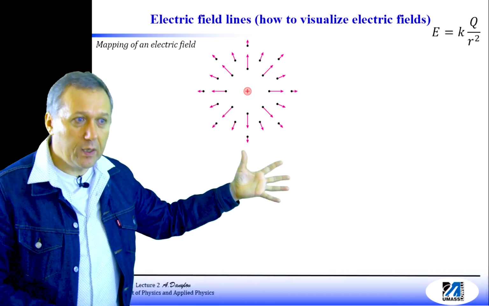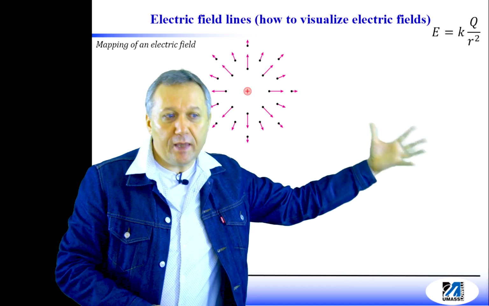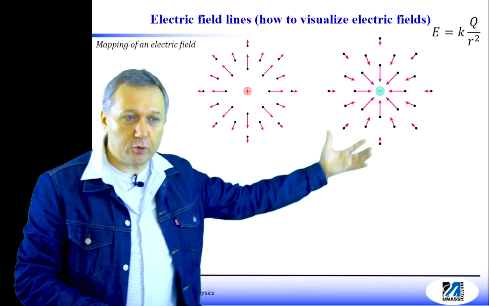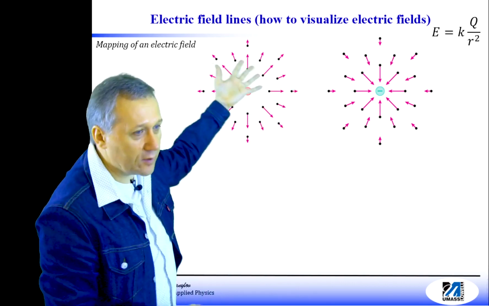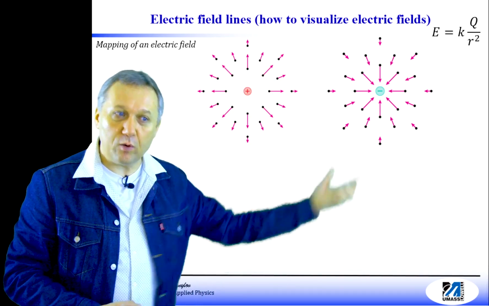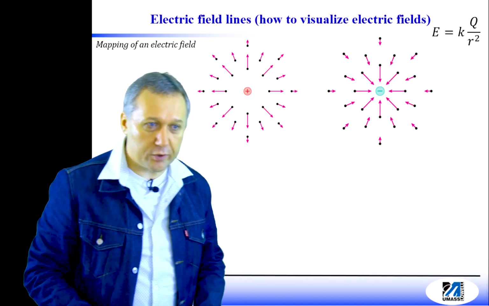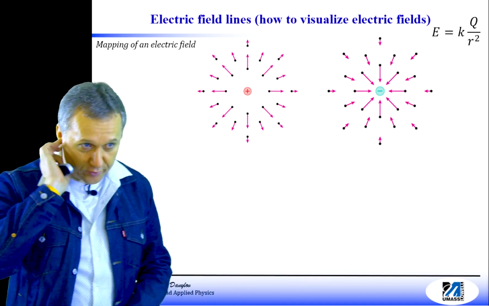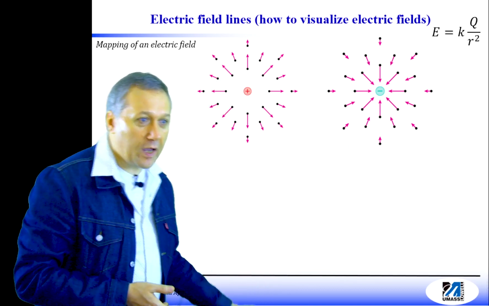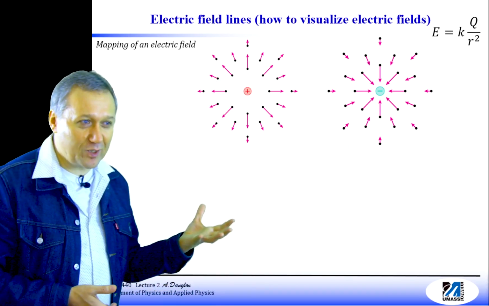Great, it's one way. Now, of course, if you have a negative charge which creates the electric field, the situation will be like this. All those vectors will have their directions inverted, in the opposite direction. So now all these vectors point towards the negative charge, right? So it's one way. But you know what? Now let's look at this picture from a practical point of view.